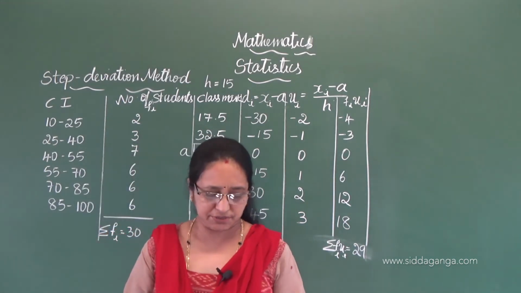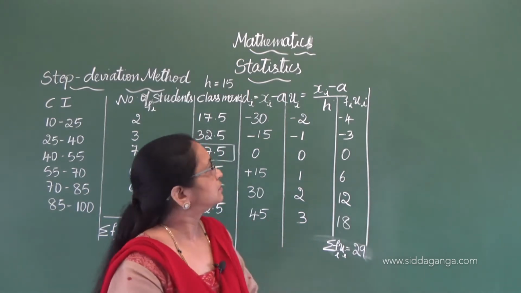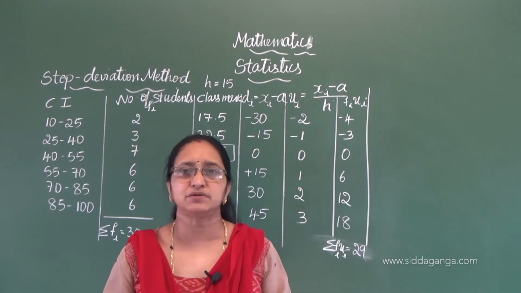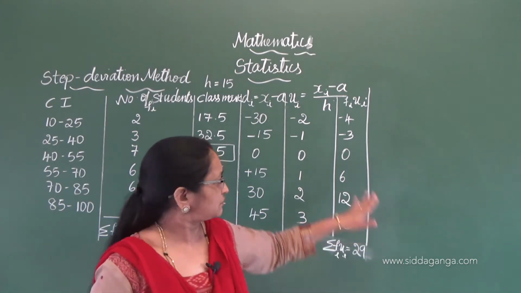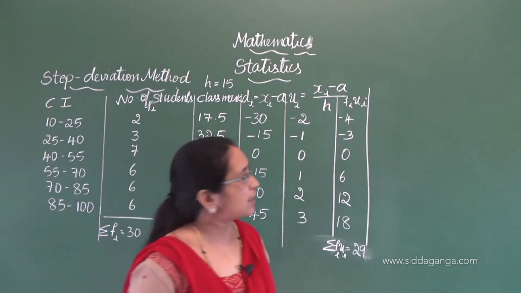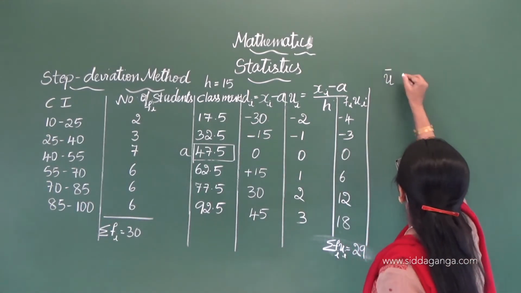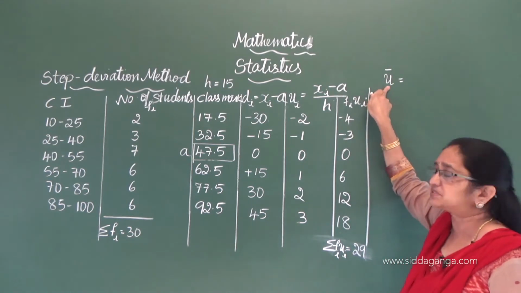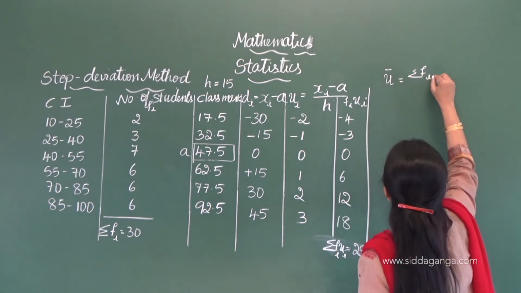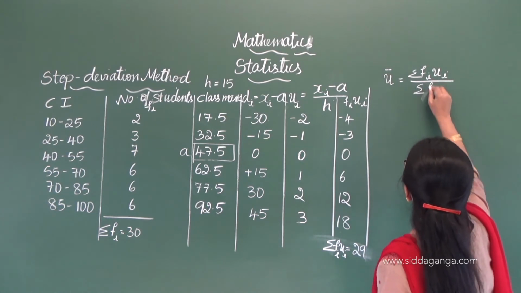Now we will see the formula to find the mean. I am going to derive a formula here. Later on we will complete this problem. So you all know u bar is sigma fi ui divided by sigma fi.